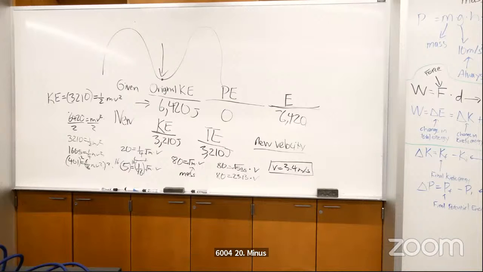And I just get 3,210. Yep. So KE equals 3,210.